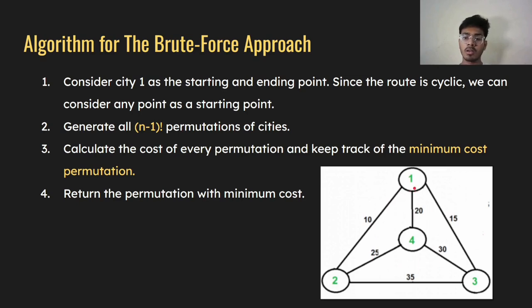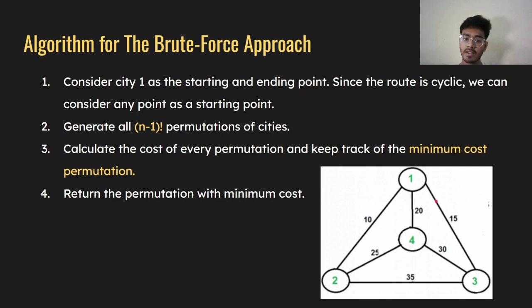Those permutations are 1 to 2, 2 to 3, 3 to 4 and 4 to 1. Length is 95. Then the second permutation is 1 to 2, 2 to 4, 4 to 3, 3 to 1. The length is 80. Then 1 to 3, 3 to 2, 2 to 4 and 4 to 1.